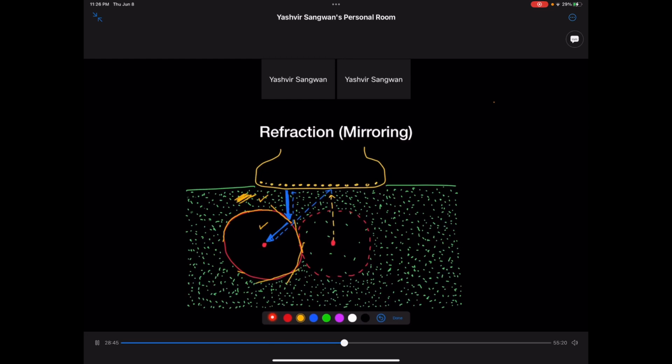Okay? So a piezoelectric crystal sends a wave out, and because this is such a thick wall, such a tissue difference, a lot of it gets reflected at 90 degrees from the wall and hits the crystal here.